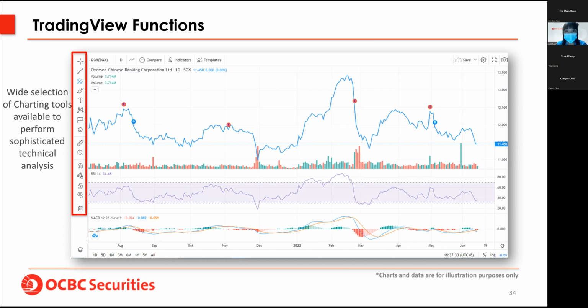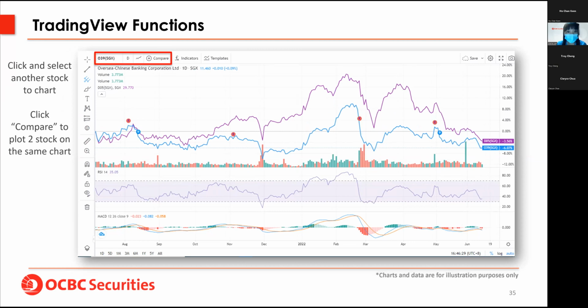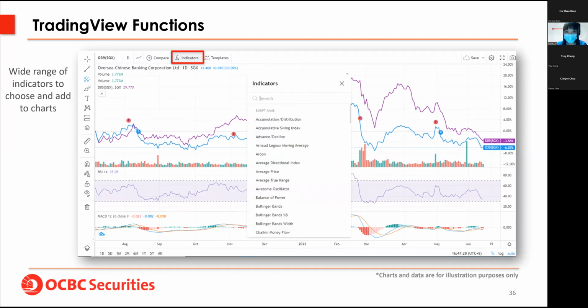In this expanded chart, you can select from a wide range of charting tools to analyze trends and find opportunities. You can also compare the various stocks side by side to see the relative performance. Next, please.